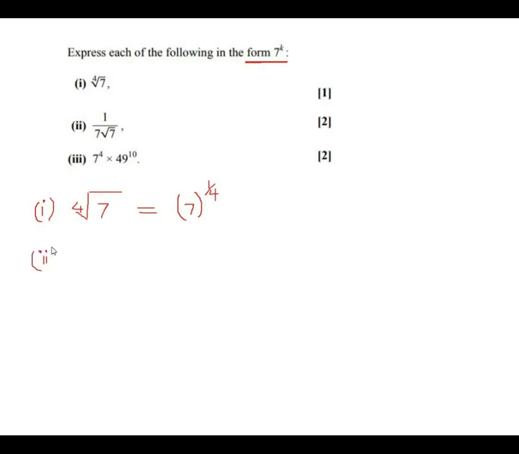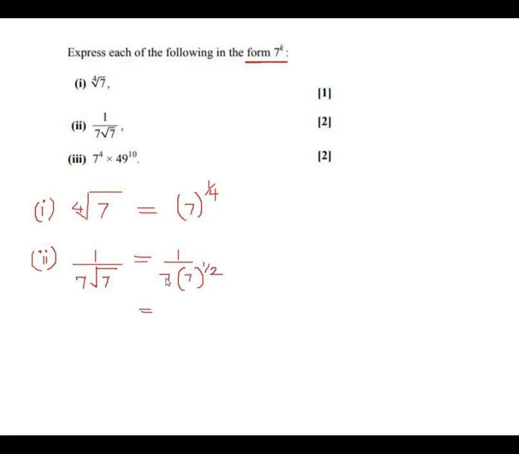Now let us look at the second question. 1 over 7 square root 7. Now this can be written as 1 over 7 and square root can be written as 7 to the power of half.